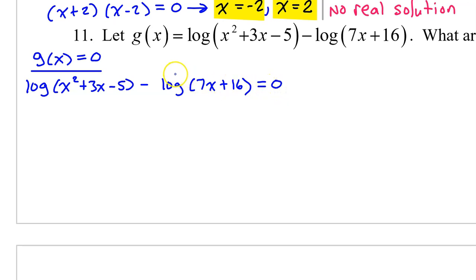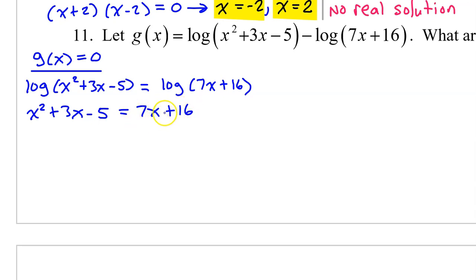The first step is going to be to move this log expression to the other side of the equation by adding the log of 7x plus 16 to both sides. Now we have this equation, but if a log is equal to a log, then the argument will equal the argument. x squared plus 3x minus 5 will equal 7x plus 16.